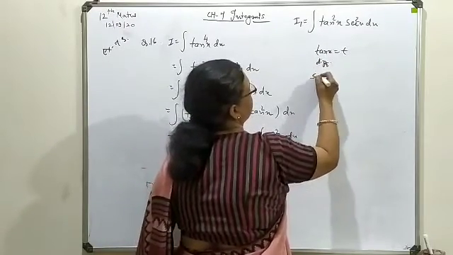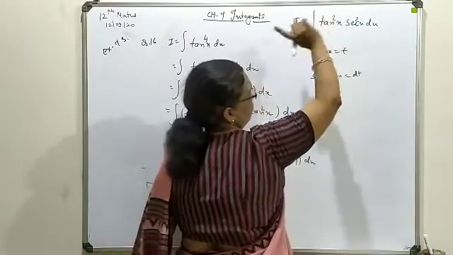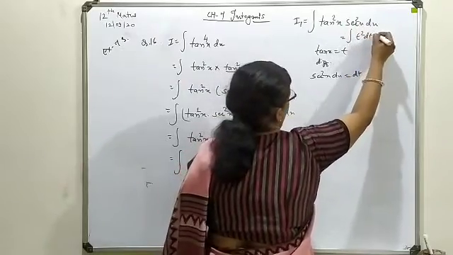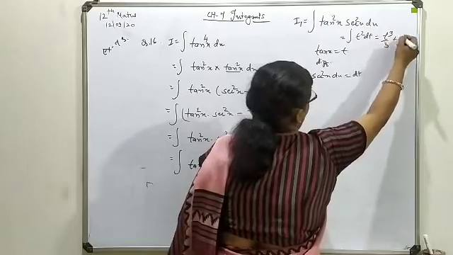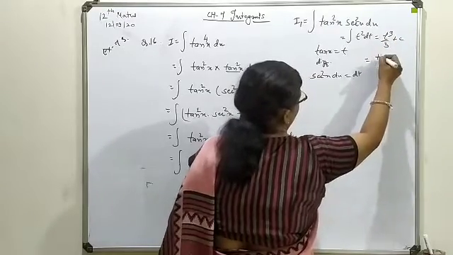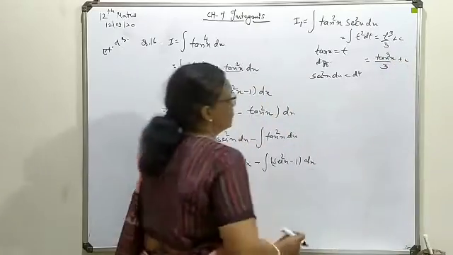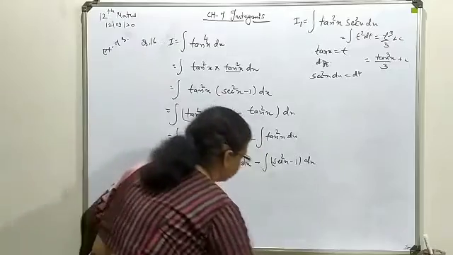What will you have? Sec square x dx as dt form. So the whole question you can convert as t square dt. Make it integrate, it will be t cube upon 3 plus c. T cube, that means tan cube x upon 3. So go for substitution over here regarding your I1 part.